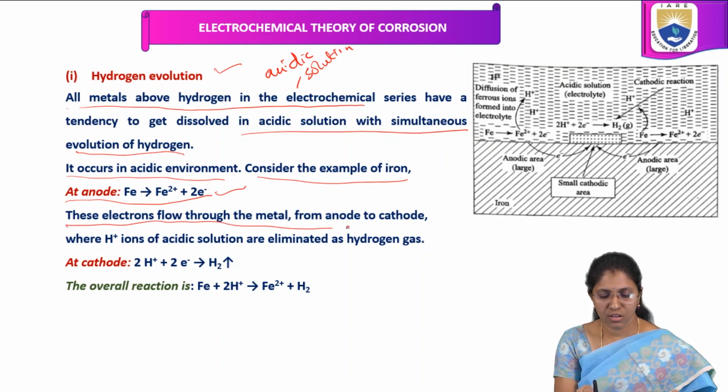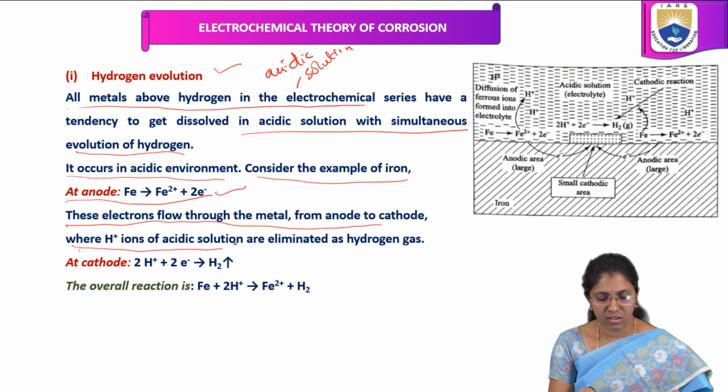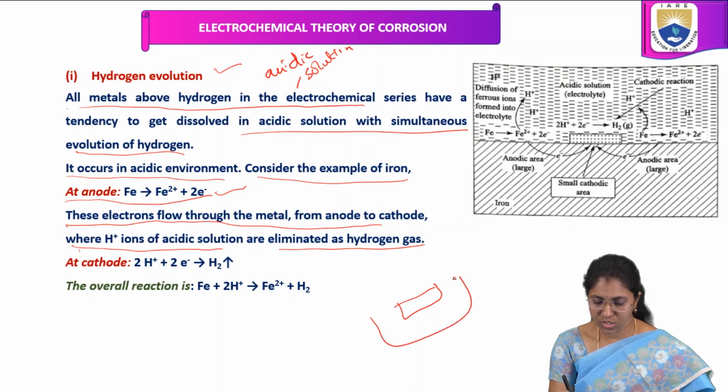These electrons flow through the metal from the anode to the cathode, where H+ ions from the acidic solution are eliminated as hydrogen gas. Here we take one metal placed in an acidic solution, where some parts act as anode and some parts act as cathode.